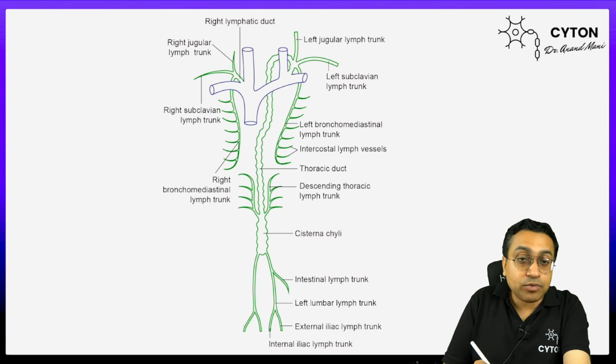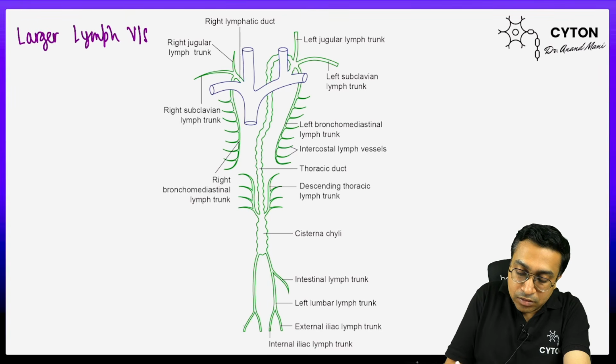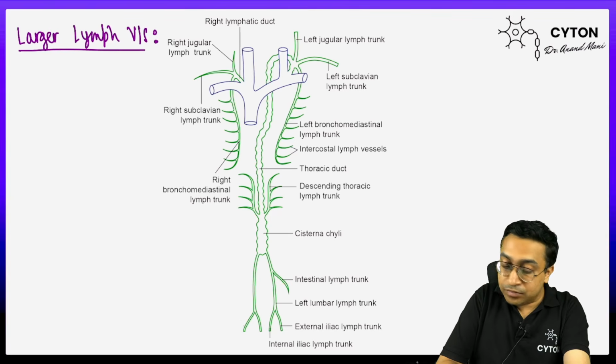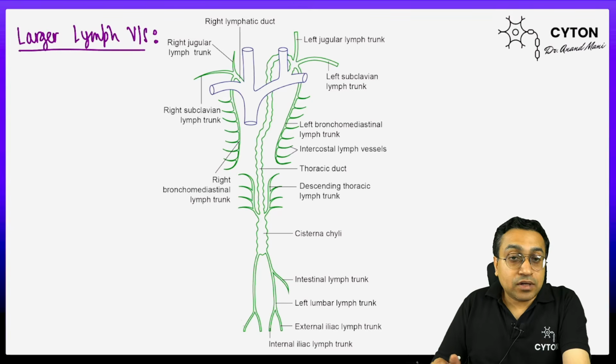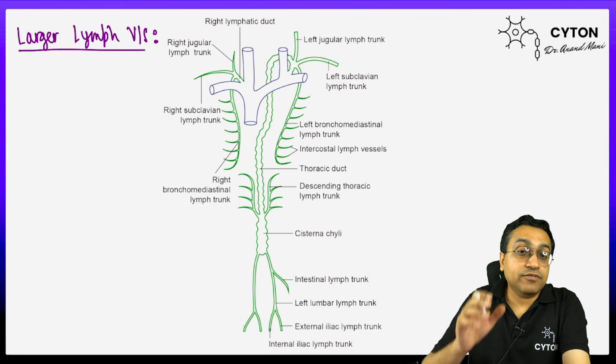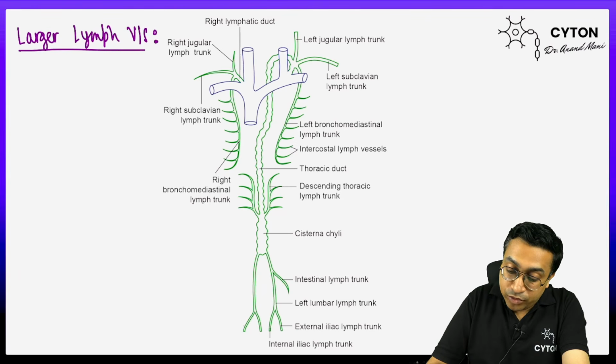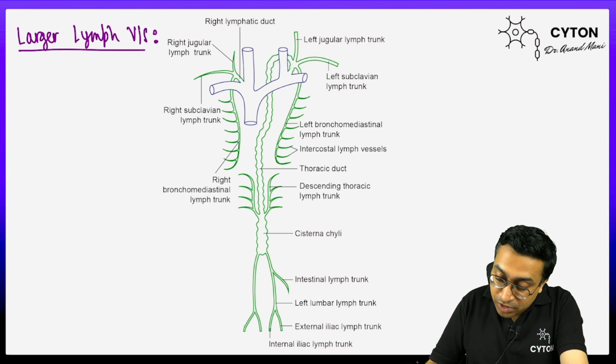So please remember, the larger lymph vessels are the ones which have a very beaded appearance, as you can see here. Let me show you in this image, you can see this beading. ऐसा लग रहा है कोई मोती है अंदर. So a beaded appearance is there.